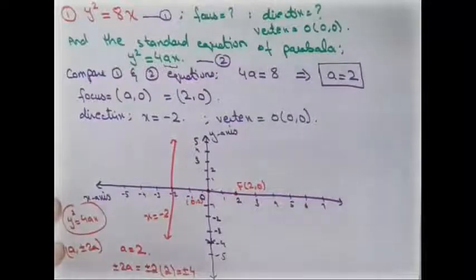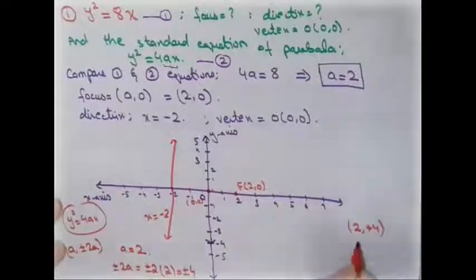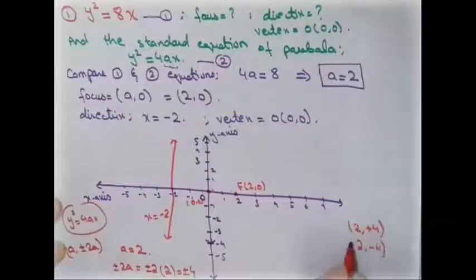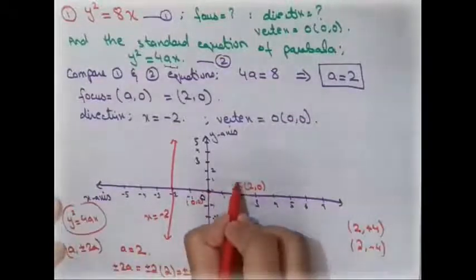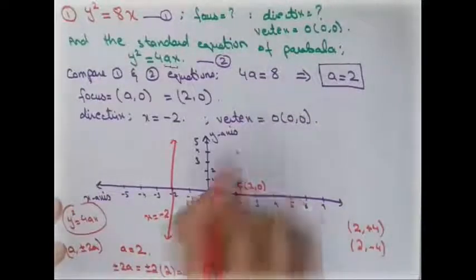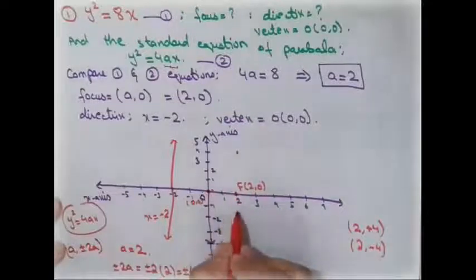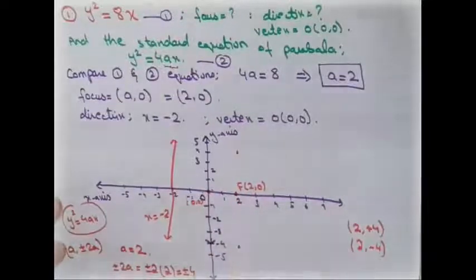So we have these 2 points: (2, 4) and the other point (2, -4). Here is the point 2, and we take a point at 4 somewhere here, and (2, -4) somewhere here.